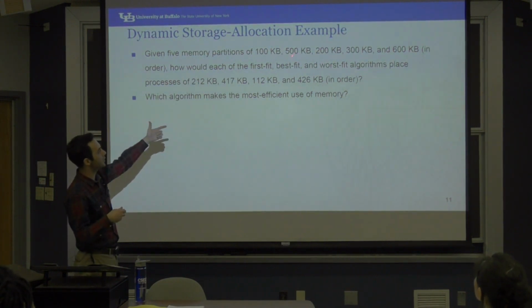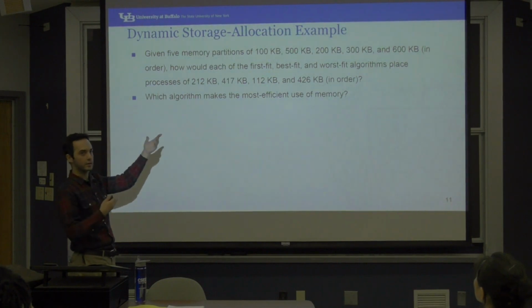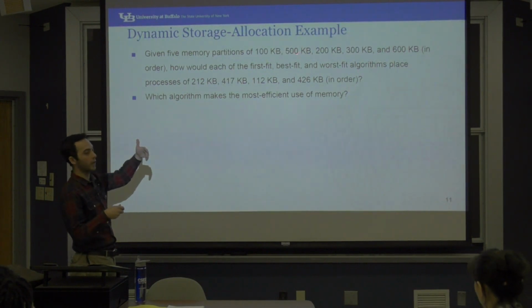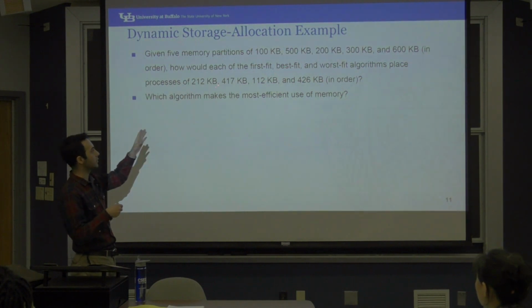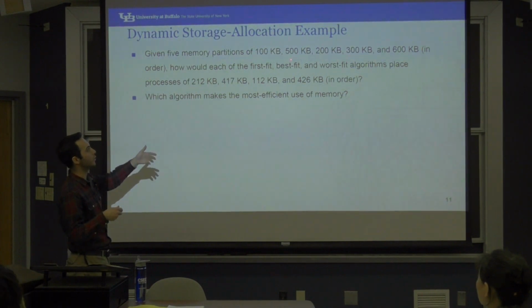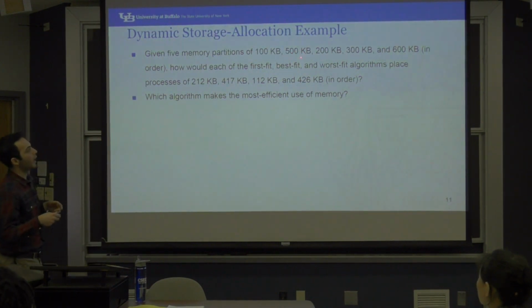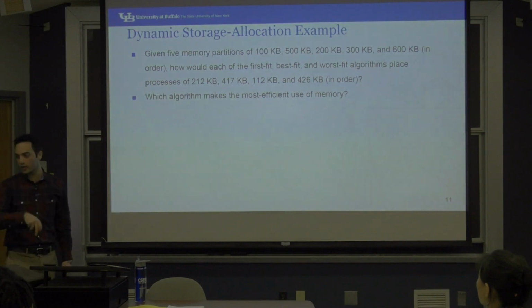No. Does this fit into this? Yes. That's it. First fit does that. And then we will end up with a 288 block of available memory, right? Because this is going to take 212 kilobytes of this, so we're going to end up with another 288 block. And then again, you should check, for example, this into this, then into that, the 288, it doesn't fit. We're going to take a look at that, right?